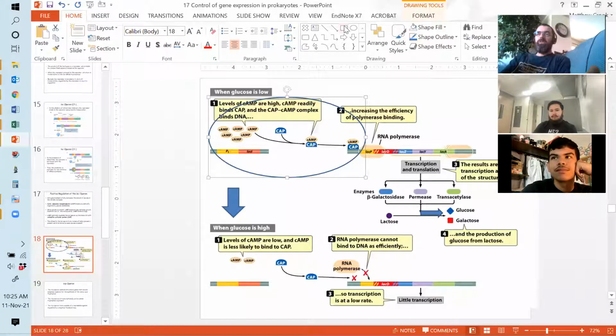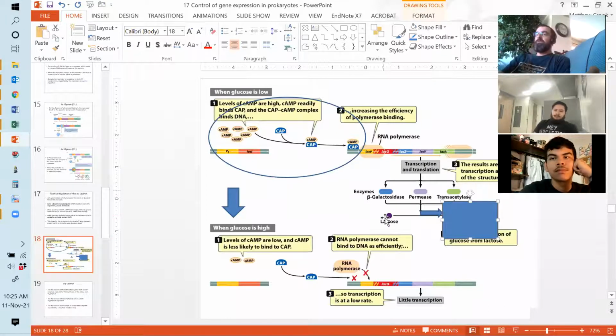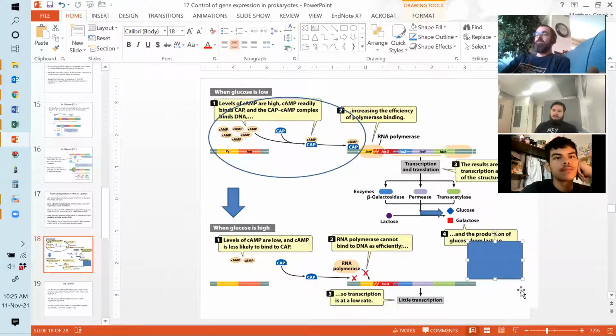If you don't have that, you want loads of this produced, right? You want lots of beta galactosidase and the permease and the transacetylase because you need to turn lactose into glucose. So you have to be able to detect the fact that you don't have glucose, right?